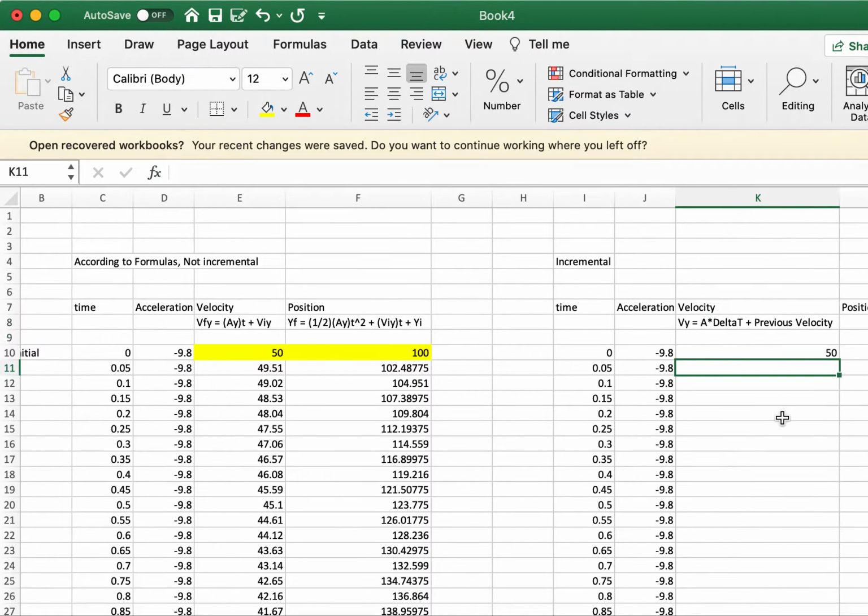Okay, so how do we type that into Excel? It's going to be equal to J11, the current acceleration, times your delta t, which is 0.05, and then add that to the previous velocity, which was K10.